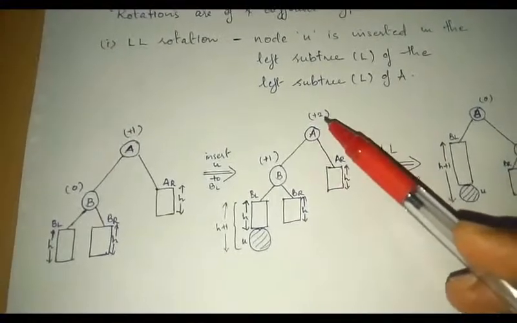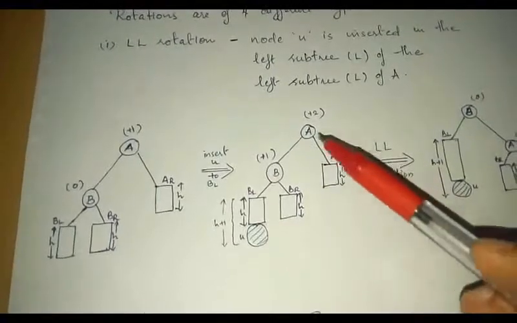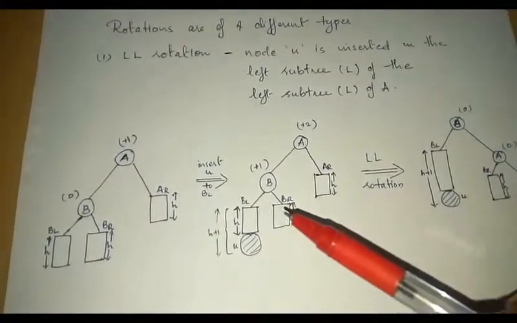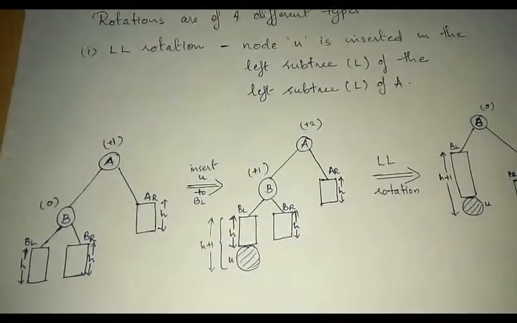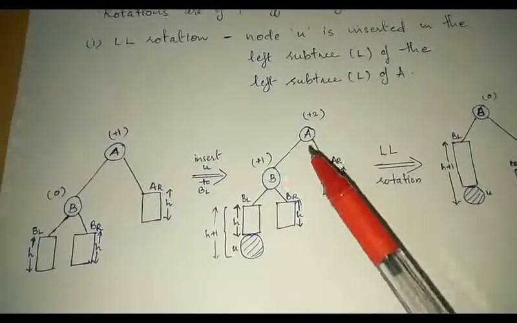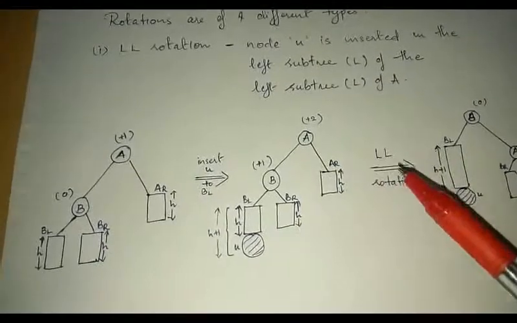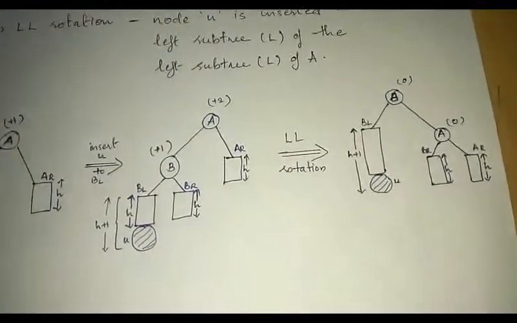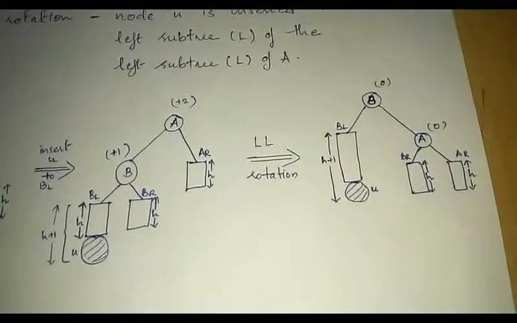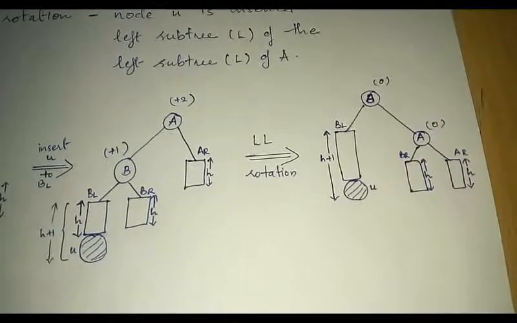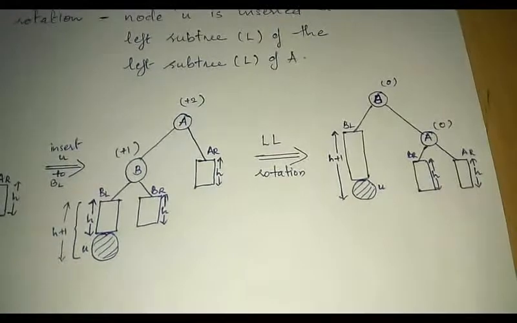Now you can see that since we have one node with the balancing factor 2, the tree has become unbalanced. So we have to perform rotation to balance this AVL tree. Since the new node is inserted to the left of the left subtree of A, we have to perform LL rotation. If you insert a new node to the left of the left subtree of a subtree, then you have to rotate the tree to the right.